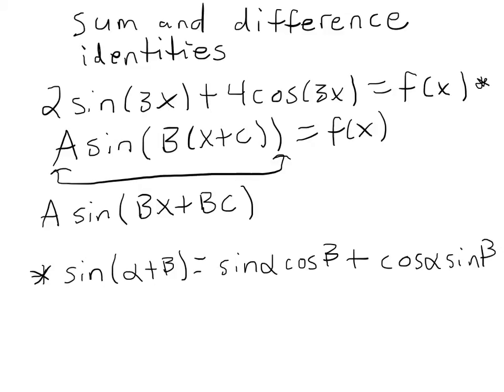So now I'm going to apply that identity to that expression, where my alpha is really bx, and my beta is really bc. I'm just going to write out what A sine of bx plus bc would be if I used this angle sum identity for sine. I'm going to go to a fresh slide here.